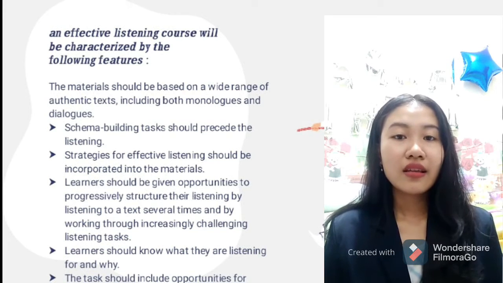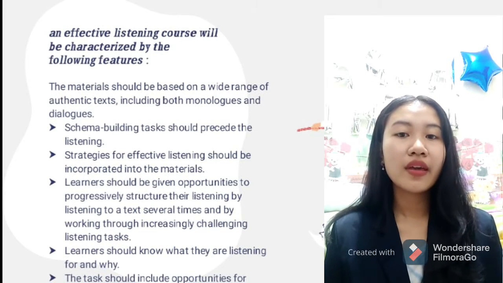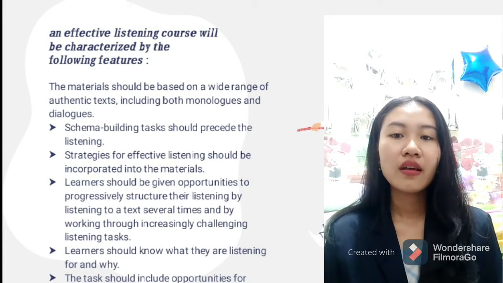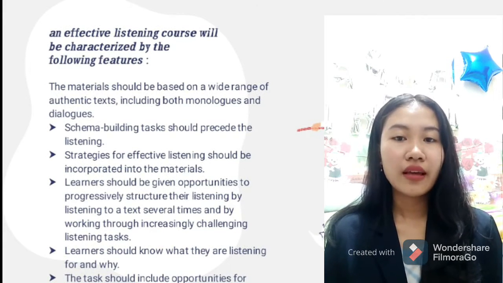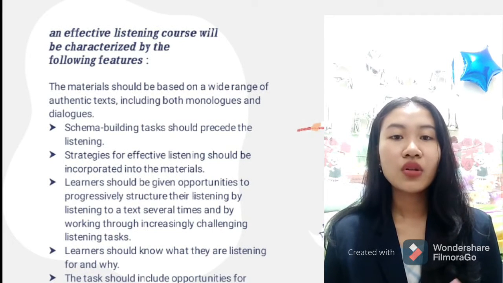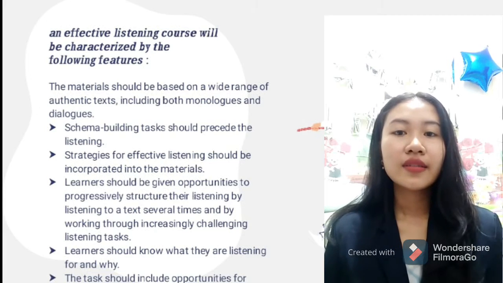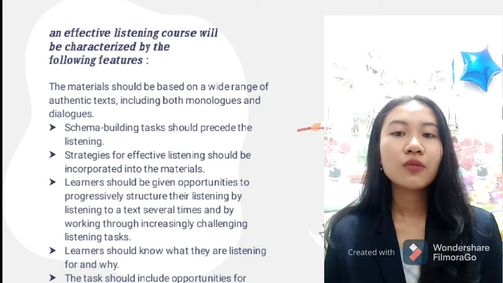The next slide is about how an effective listening course will be characterized by the following features. The materials should be based on a wide range of authentic texts, including both monologues and dialogues. Schema building tasks should precede the listening.